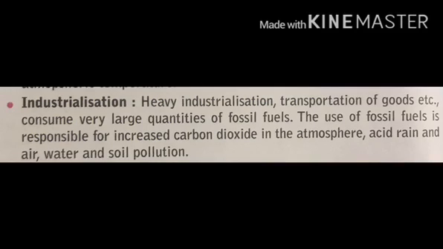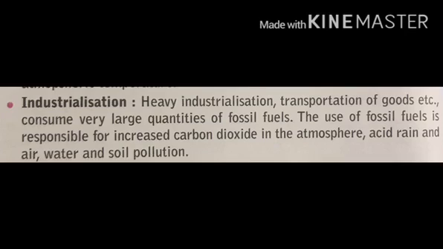Human activities and industrialization also affect the climate of a place. Many human activities influence the climate, such as large scale cutting of trees, which means deforestation. There is an increase in carbon dioxide because there are fewer trees.